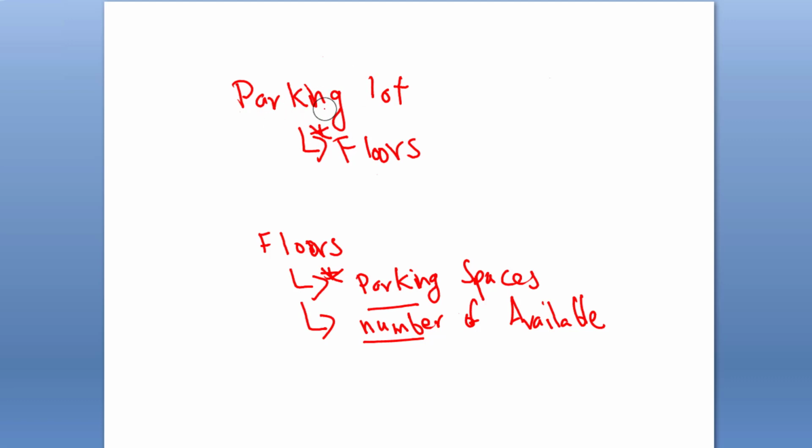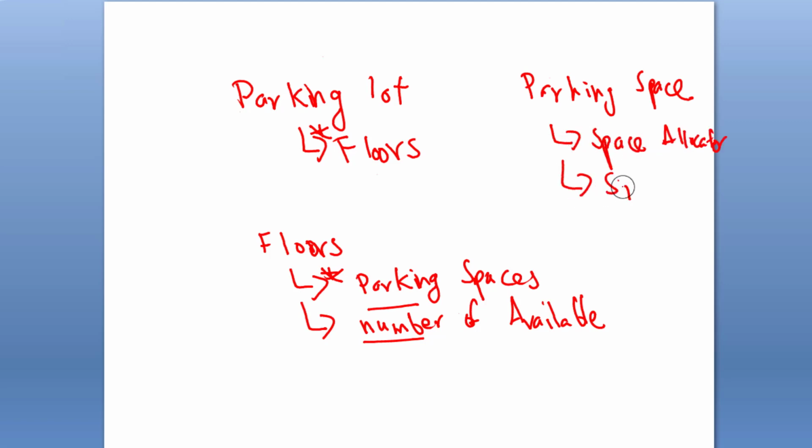One parking lot will have multiple floors, one floor will have multiple parking spaces, and the parking space will have a space allocator and also an enum of size. This enum size can be small, medium or large, so that its dimension can be compared with the vehicle that is to be put inside of it.